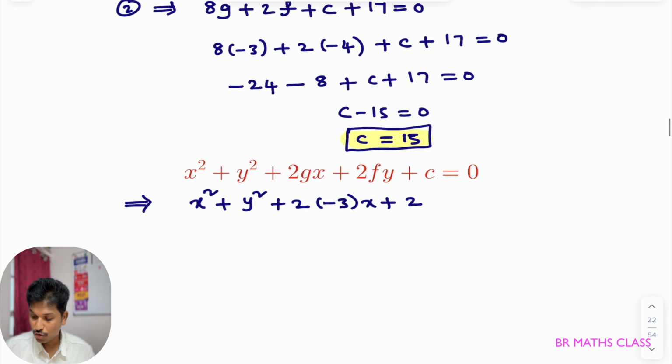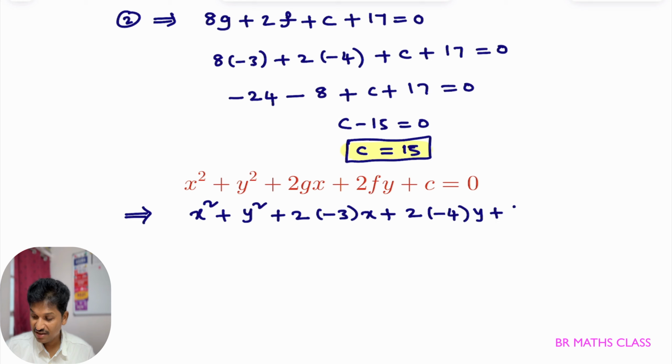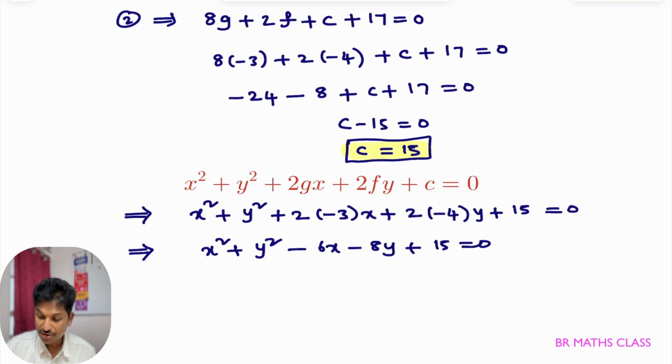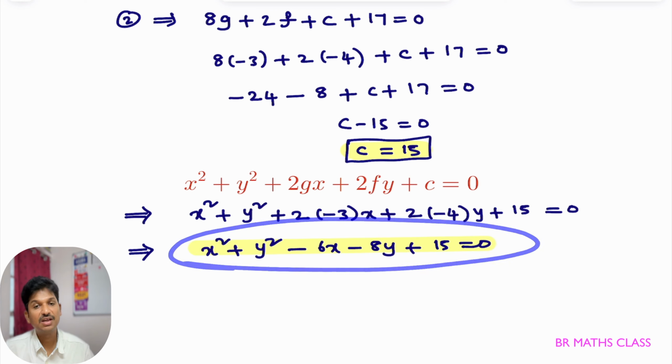F is minus 4. y plus c. C is 15 equal to 0. Now you simplify this, you will get the required circle equation x square plus y square minus 6x minus 8y plus 15 equal to 0. This is the required equation of a circle.